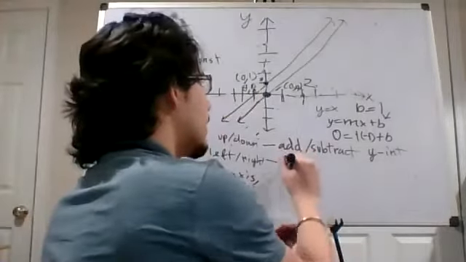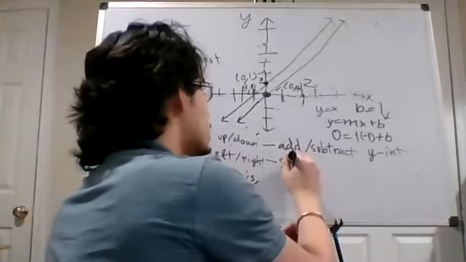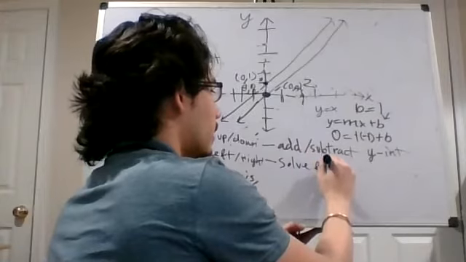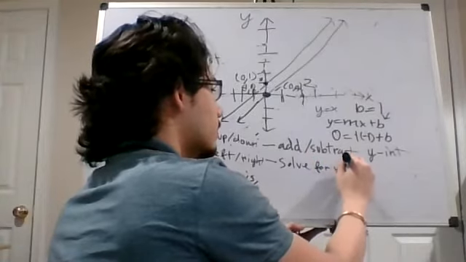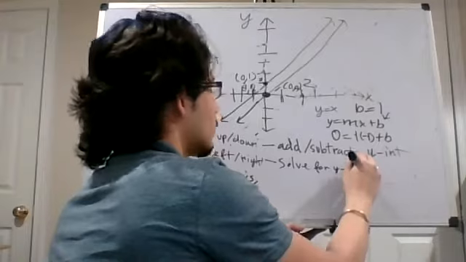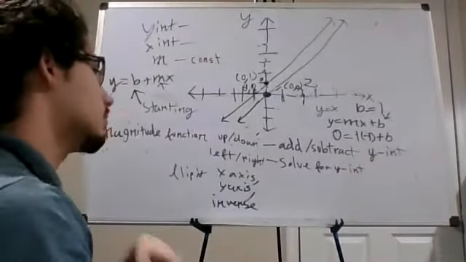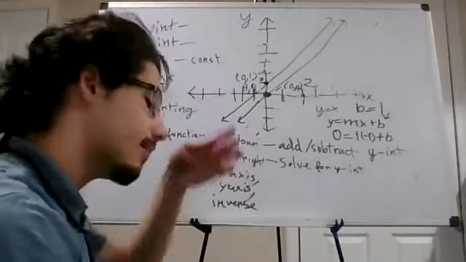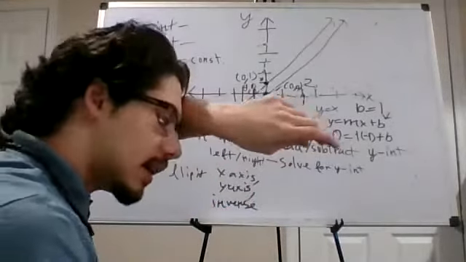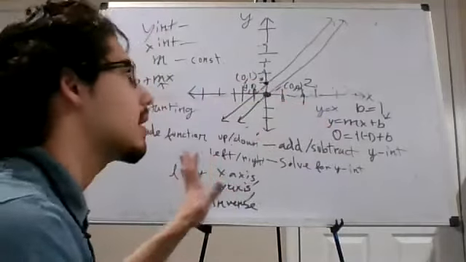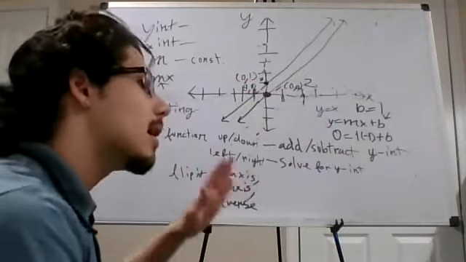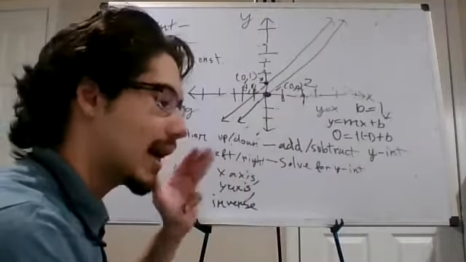So when you move it left or right, you want to solve for the y-intercept. There will be instances where you can actually take a normal equation and figure out what it would look like by moving it to the right or the left by stating what the new y-intercept will be.